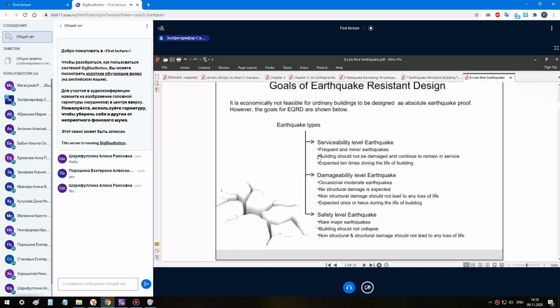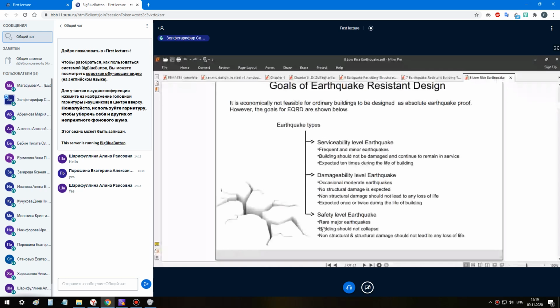The last level of earthquake types for earthquake resistant design is the safety level earthquake.